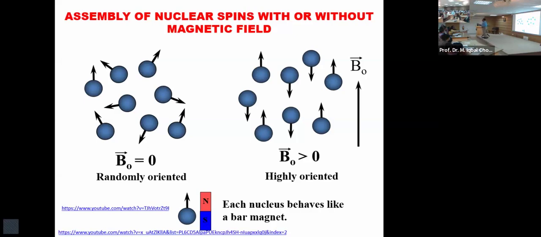envision that you have needles spread all over, okay? And these needles have different kinds of charges. You bring a magnet, some of them will be positive, north will be with the south, south will be with the north. Simple analogy.